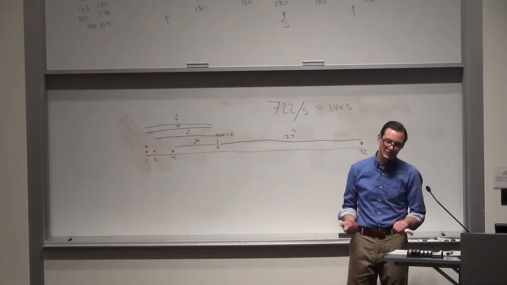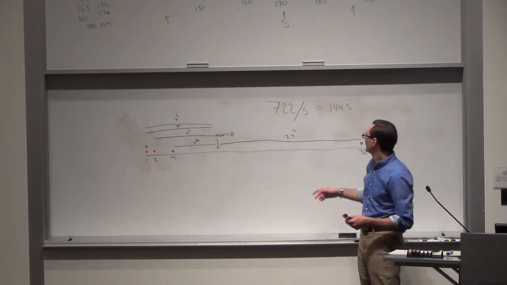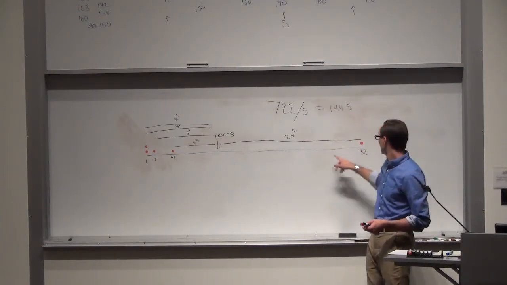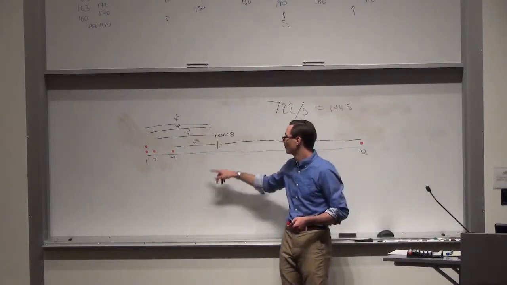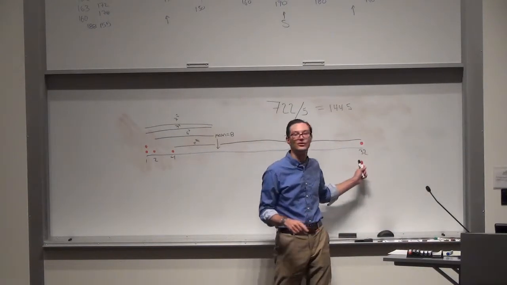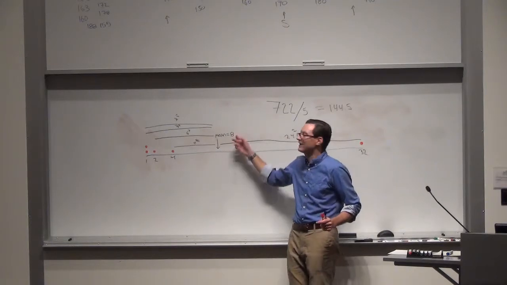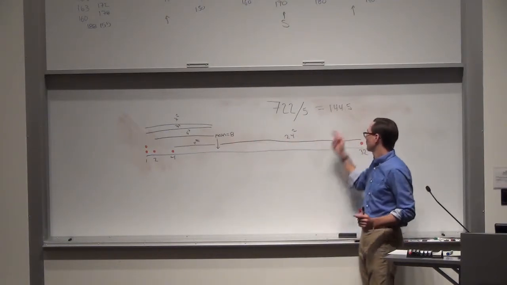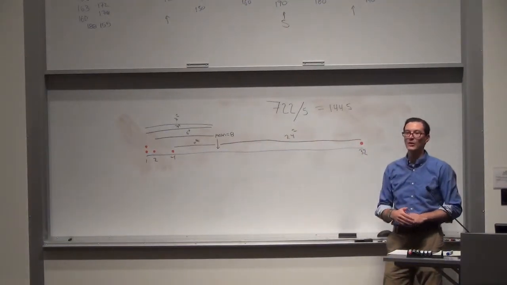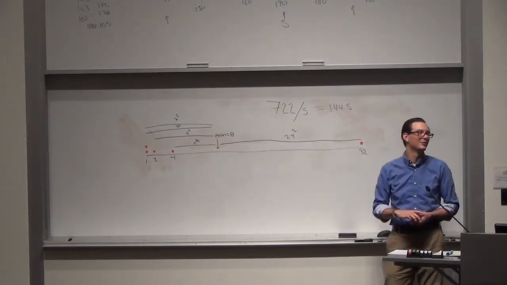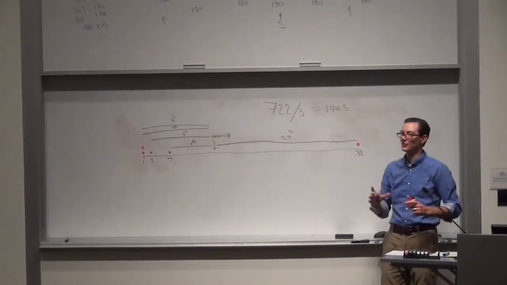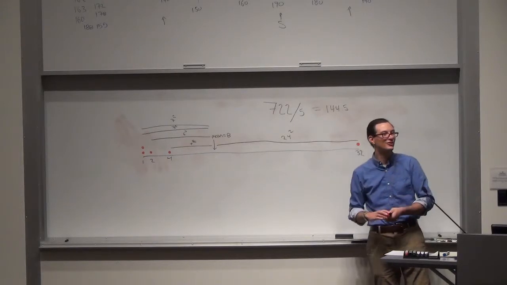It's not so useful though, because the variance is in squares. So imagine this is like inches. 1 inch, 2 inch, 4 inch, 32 inches. The mean is 8 inches. The variance is 144.5 inches squared. What does that mean? I thought square inches was for measuring something very different than you would measure with inches.